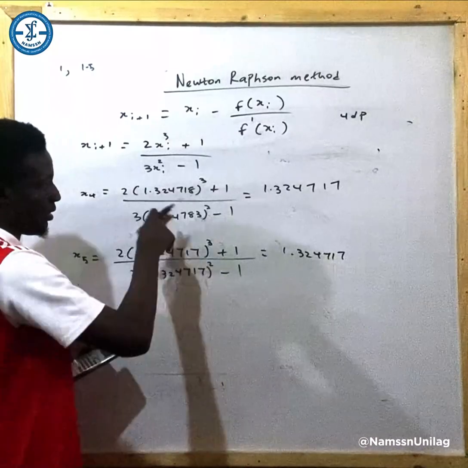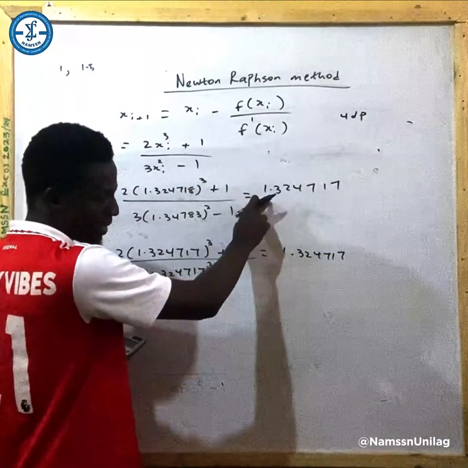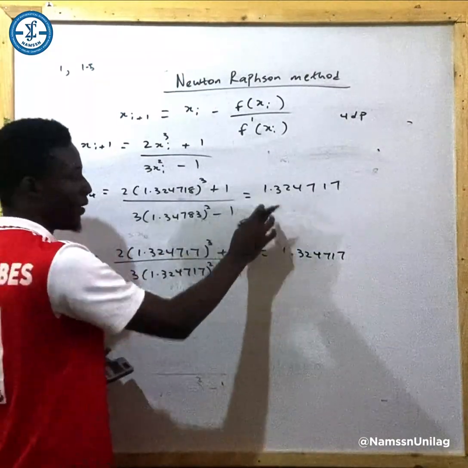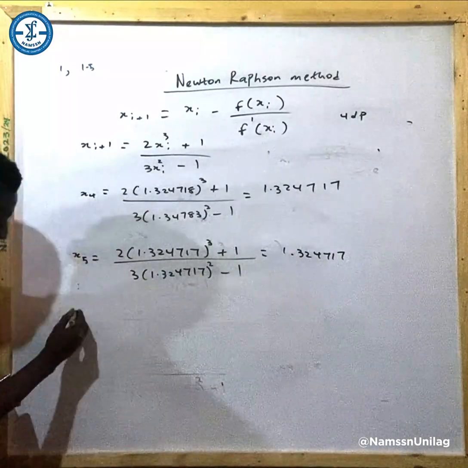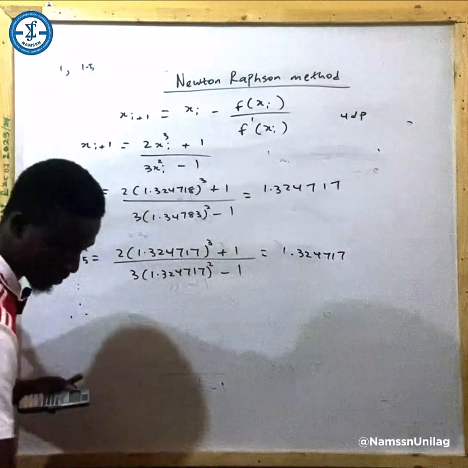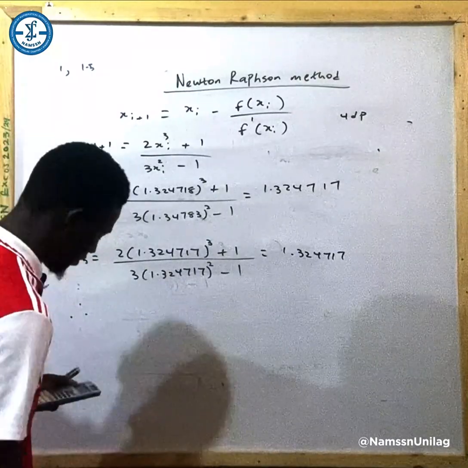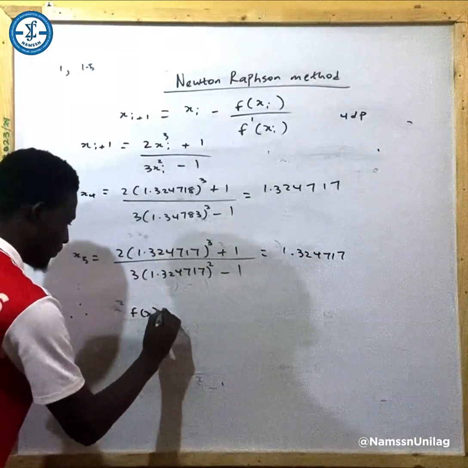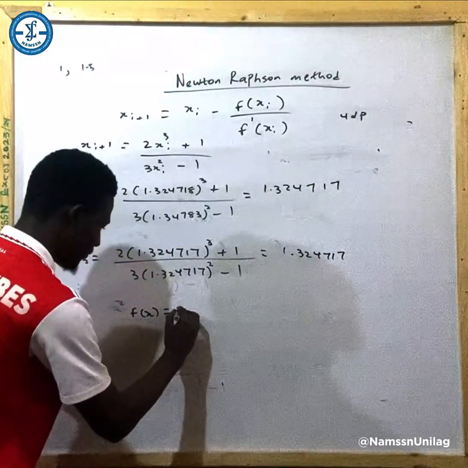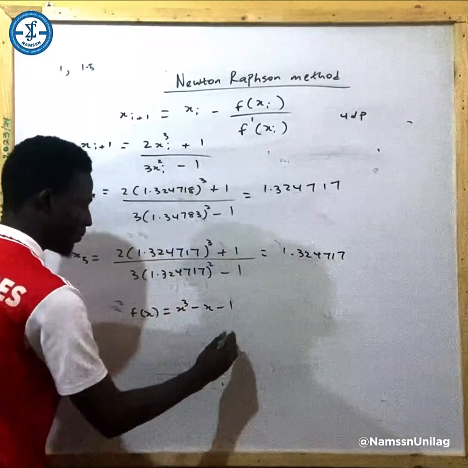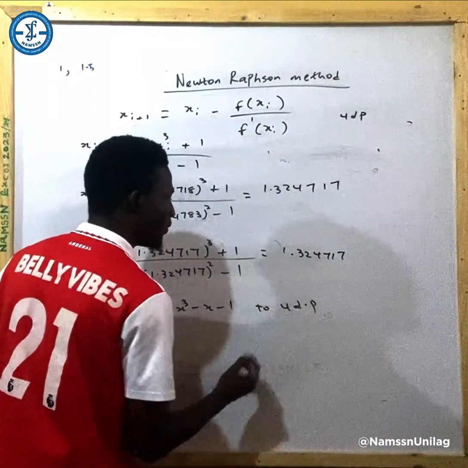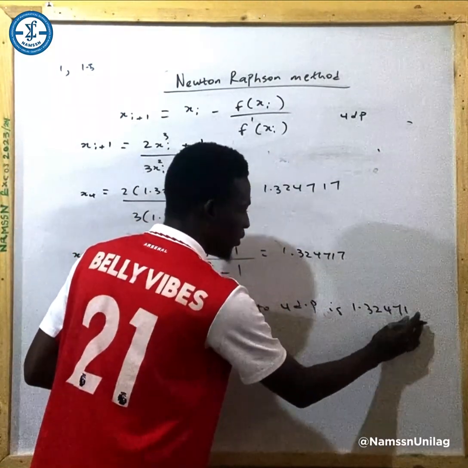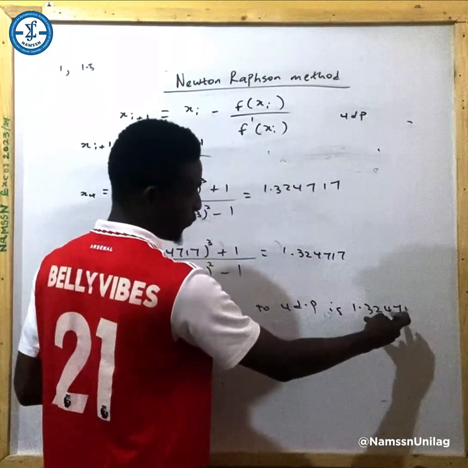So it means this scheme is converging to this particular answer. So after doing this for 3 times and I am having repeated answers, I can conclude that the answer to my question, to 4 decimal places, is 1.3247.